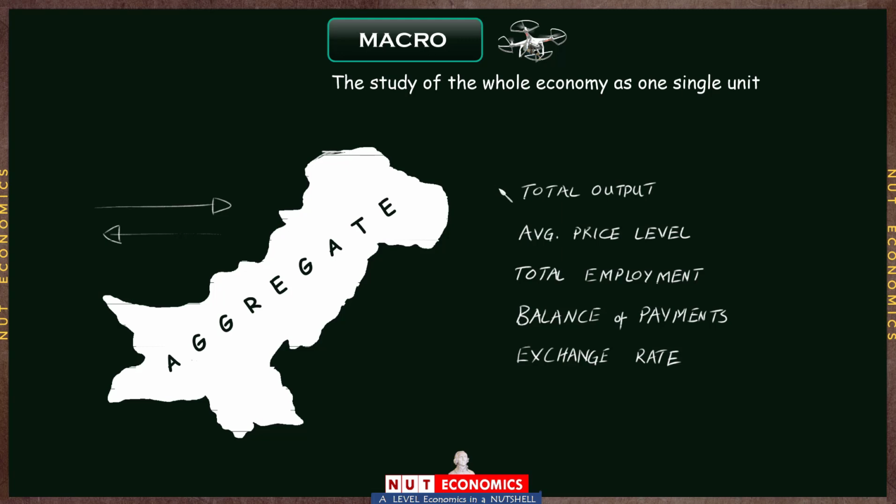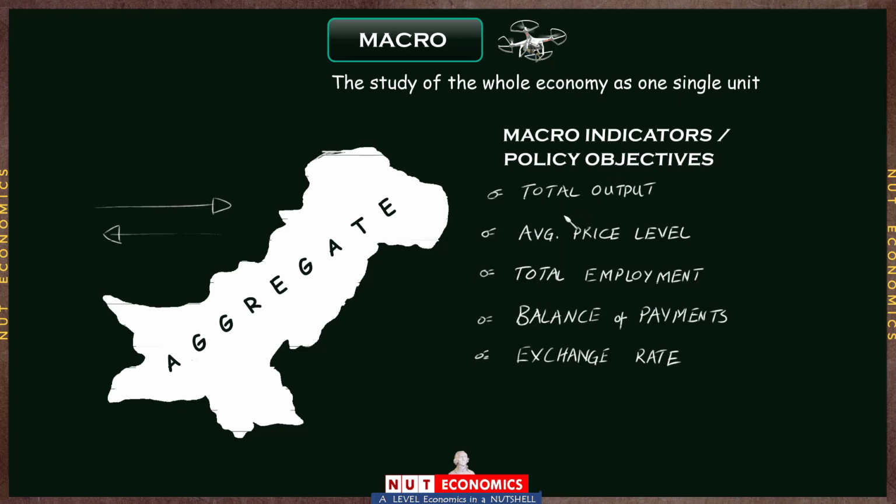Now, all of these different macro variables that I have jotted down over here, as I have been referring to them, are sometimes known as the macroeconomic indicators. That is, these are those variables that indicate and tell you something about the health of the country's macroeconomy. And these very same indicators are also sometimes referred to as the objectives of macroeconomic policy, macro policy targets.